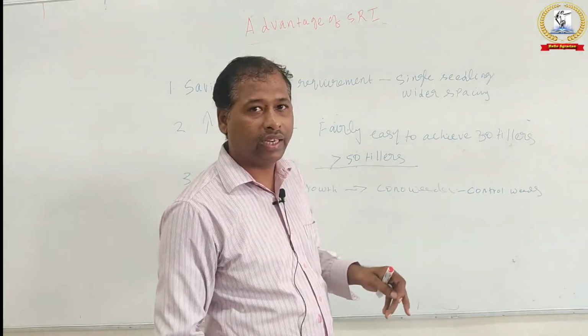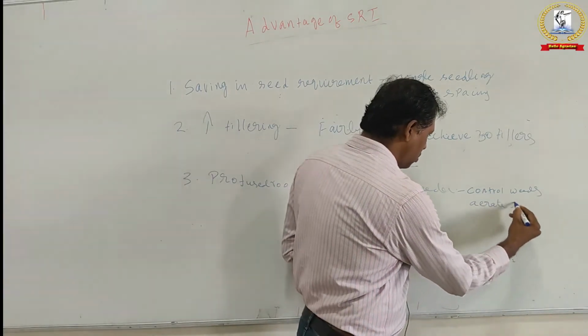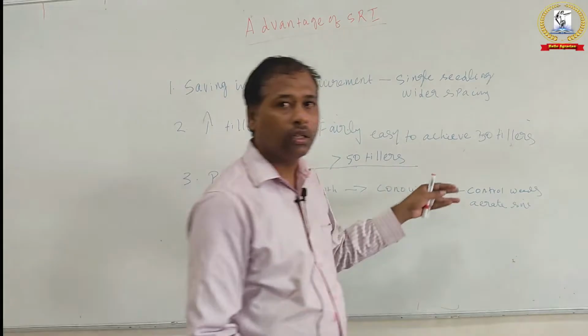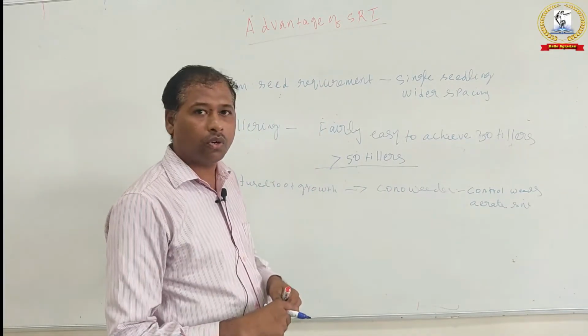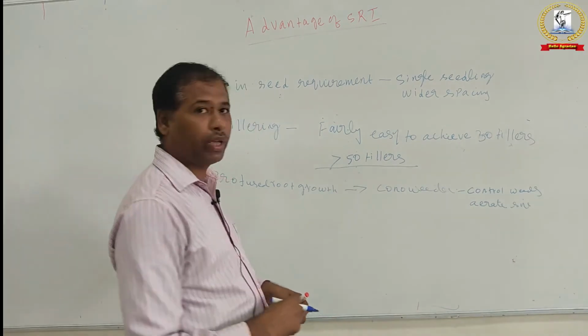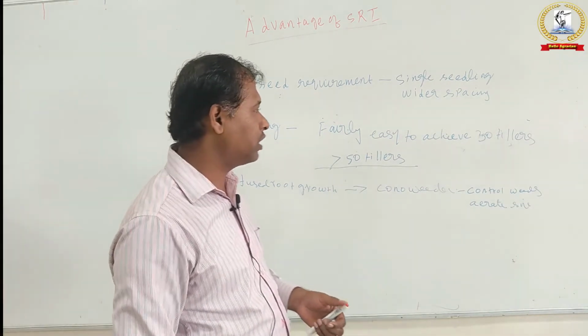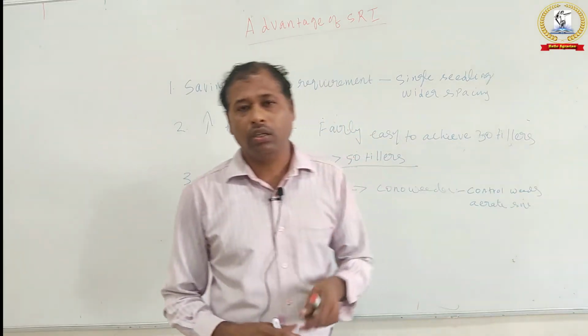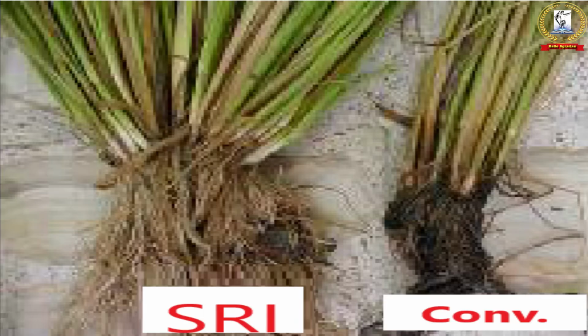Simultaneously it aerates the soil also. So it facilitates the production of more roots as compared to conventional methods. You can find a clear cut difference between SRI and conventional method seedlings. In SRI method, plants produce numerous fresh roots than conventional methods.